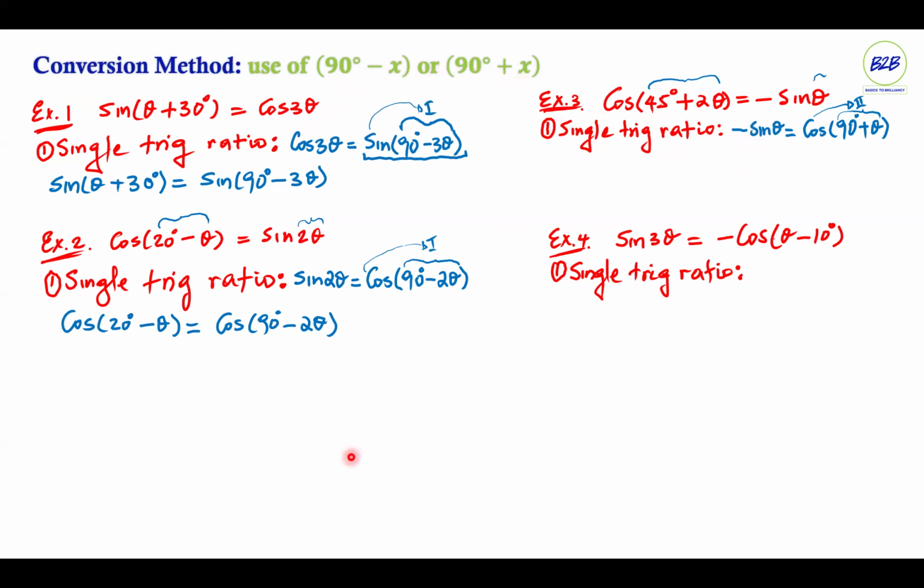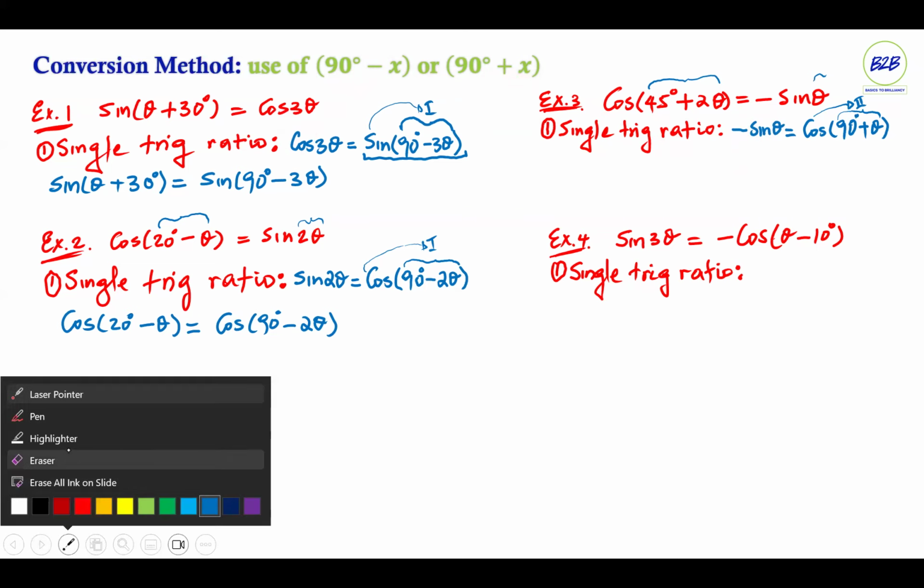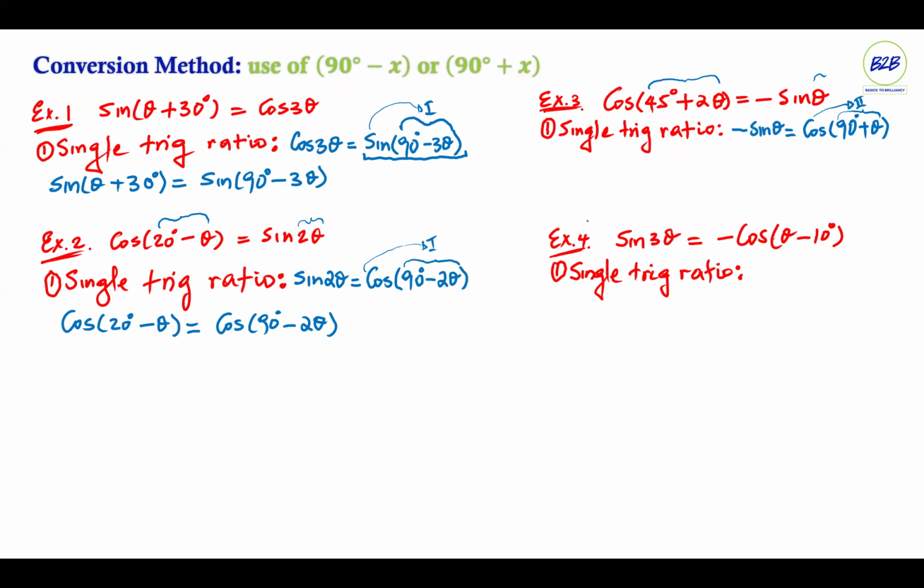All right. Let us then write it as a solution for the single trigonometric ratio. We will then say, okay, cos 45 degrees plus 2 theta is equal to, initially, it was negative. It was equal to negative sine theta.